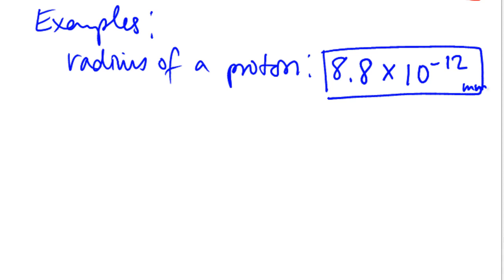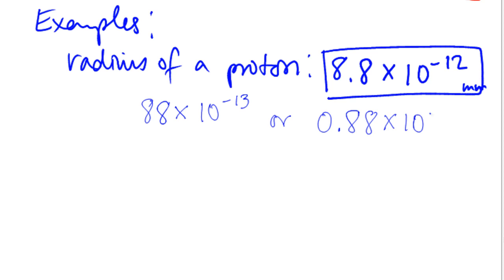Now, this could also be written, for example, as 88 times 10 to the negative 13, or 0.88 times 10 to the negative 11. These are all equal expressions. This is equal to this, and this is equal to this.